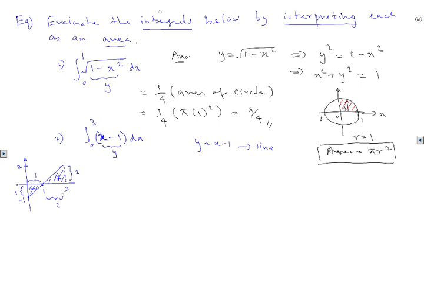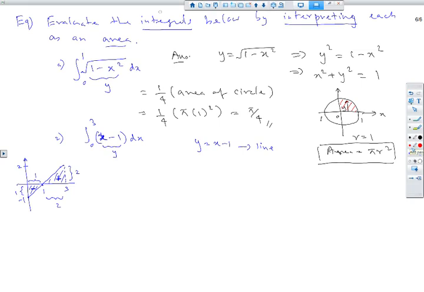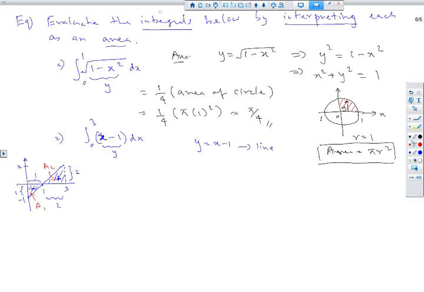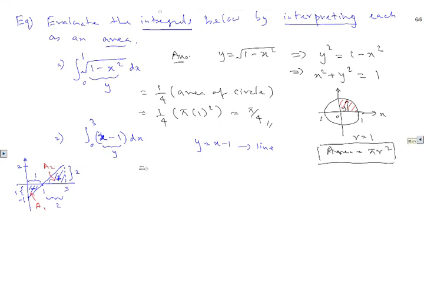So I'm going to call this area A1, and this one A2. Okay, so that means your integral is simply, remember we discussed that if you have a negative height, those are negative areas, so your integral simply becomes A2 minus A1.